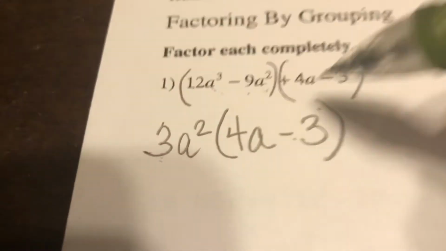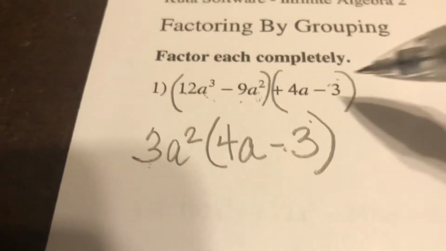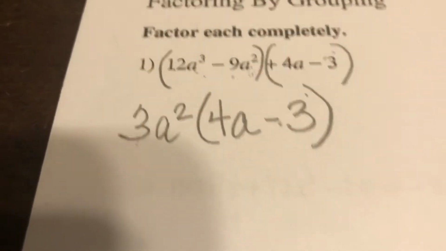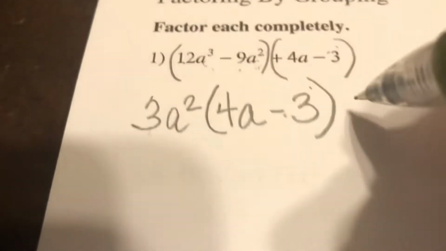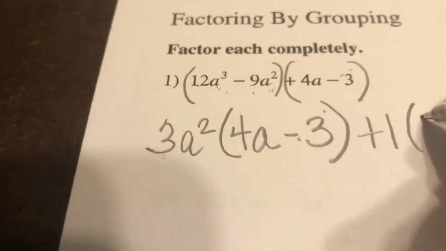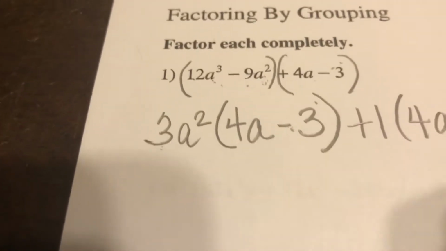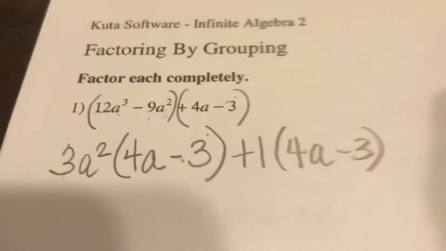Well, if you look, this is already the same, but I still need to factor that out. Well, 4a and negative 3 don't have a factor in common except for 1. And so that's what I'm going to pull out. I'm going to pull out a plus 1 and have 4a minus 3. Then I can break it into my binomial by binomial.